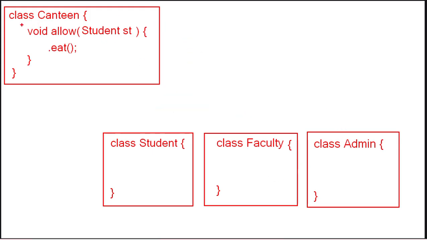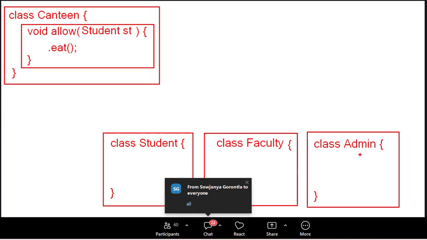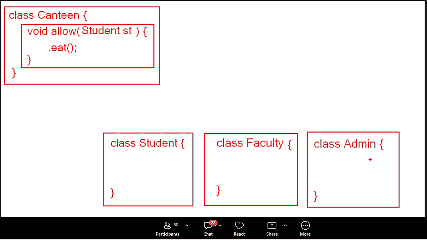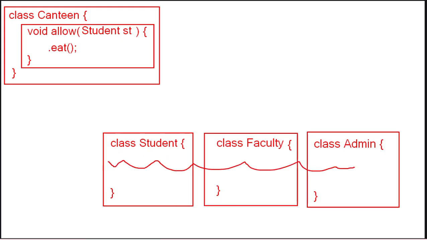User, because it is using these objects to do business. The canteen is doing selling business because the student, faculty and admin are in the college. Now my question is, if these 3 objects are created individually without inheritance, then there are totally 3 problems.